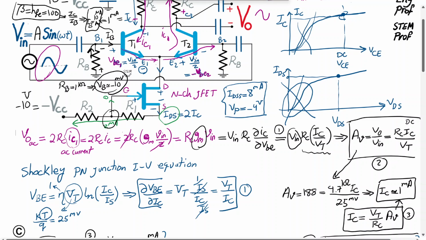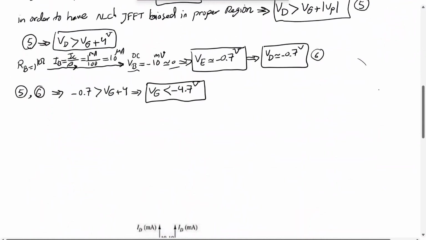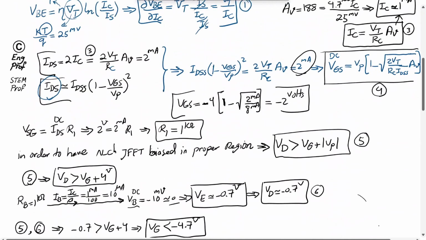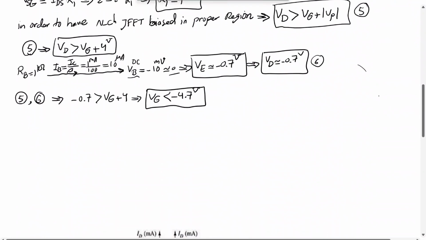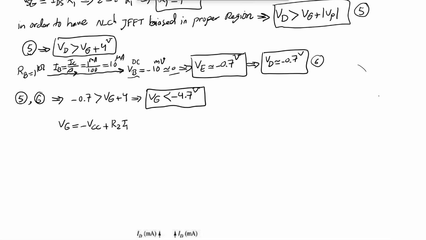Therefore I can write voltage of gate equal to minus VCC plus the voltage drop across R2, which is R2 times IDS. So as a result, this is equal to minus 10 volt, and then IDS is 2 milliamp, so plus 2 milliamp times R2.